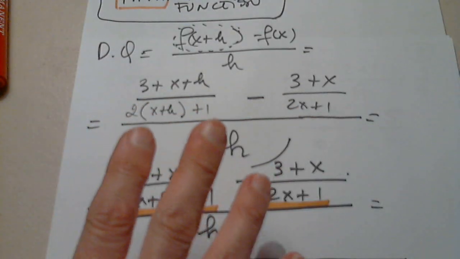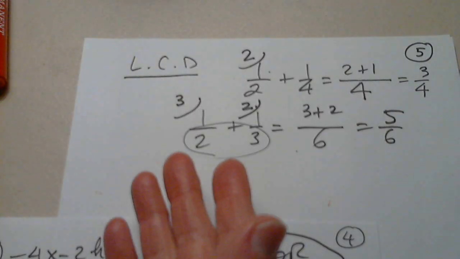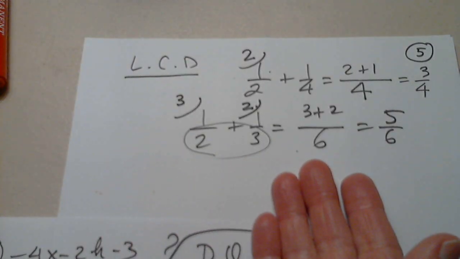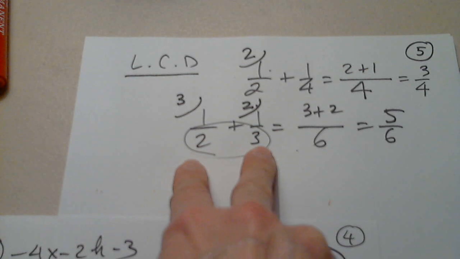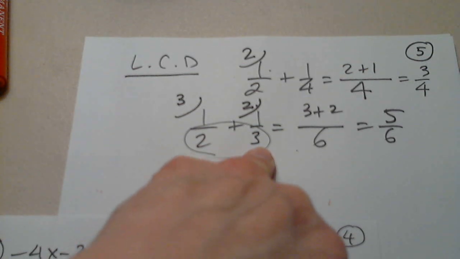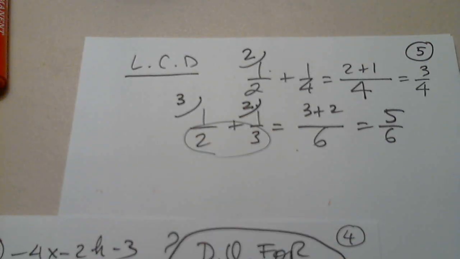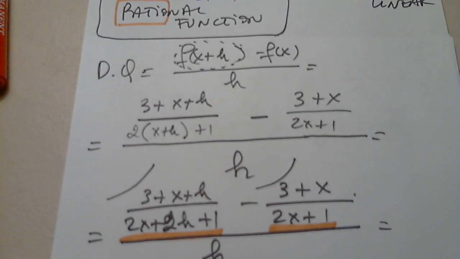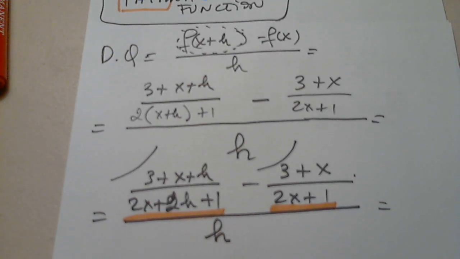Here's a hint. It's exactly the same procedure as here. These two have nothing in common. They do not have common factors. So therefore, what will be the least common denominator here of these two?